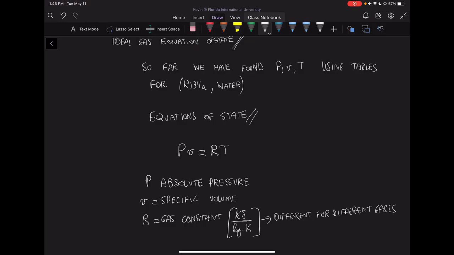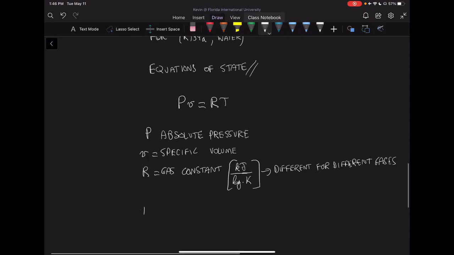Okay, so different gases have different gas constants. And then finally, T is absolute temperature. And remember, absolute temperature is in Kelvin, not in Celsius.